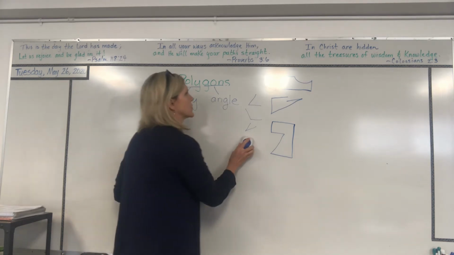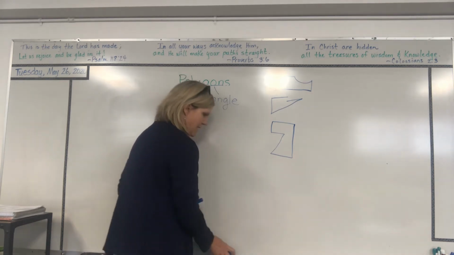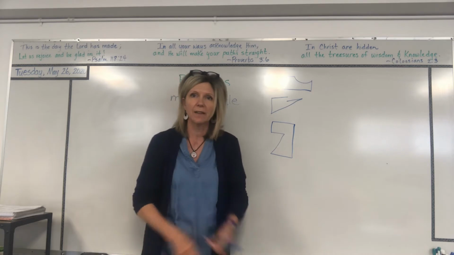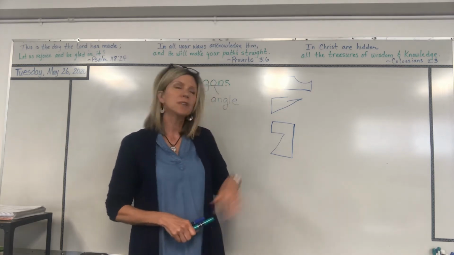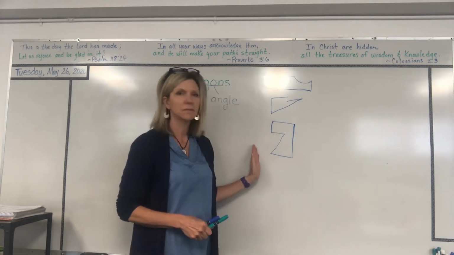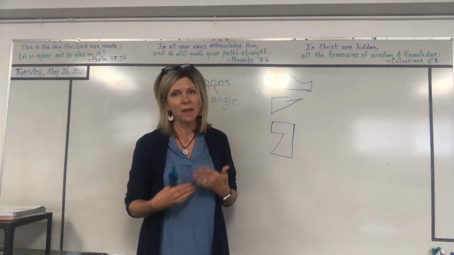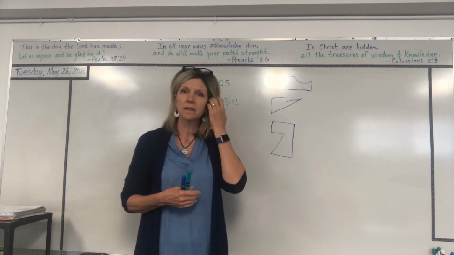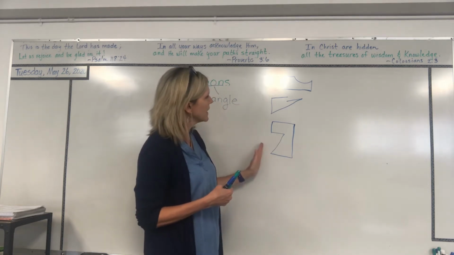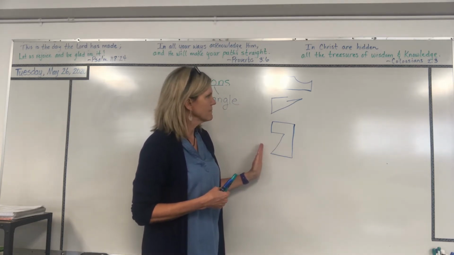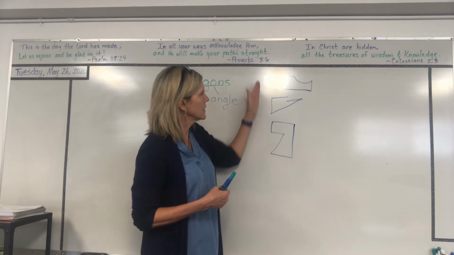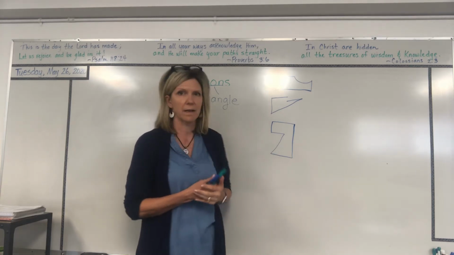Before I give you a true definition of polygons, we're going to learn a little chant of what it means. But which one of these do you think is a true polygon? It has many angles, that's what polygon means. Which one of these is a true one? Number 1, number 2, number 3, what do you think?